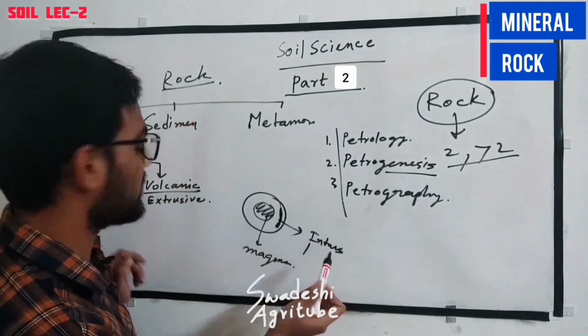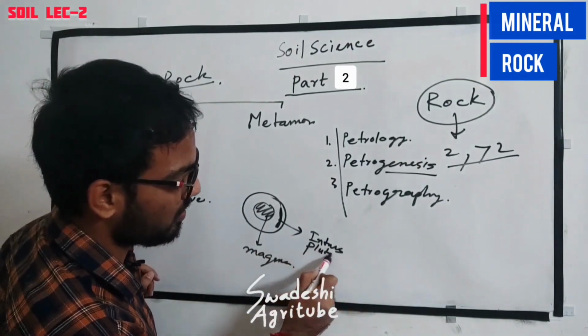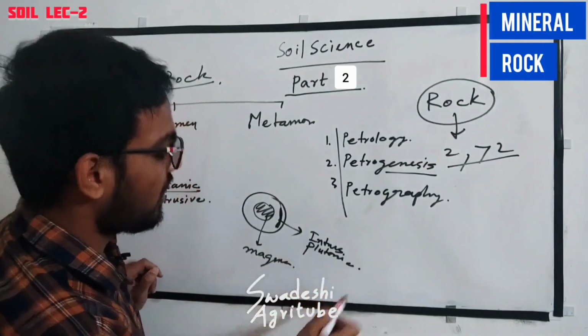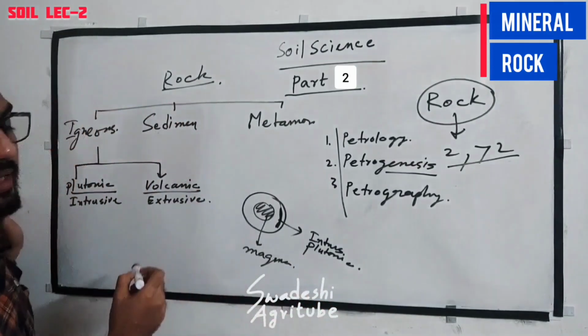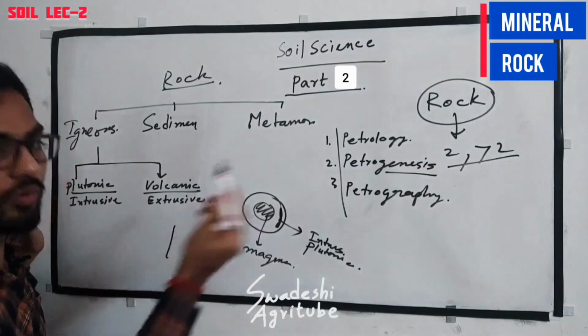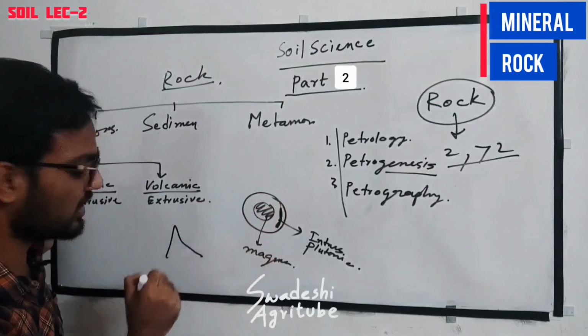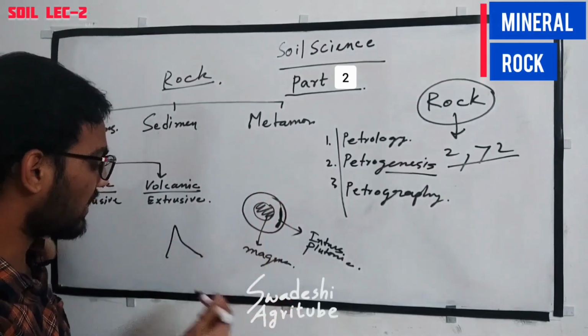But the opposite is the volcanic. In plutonic rock, these rocks are not forming like a blast, they are not coming with force. But in case of volcanic rock, the word is volcano.